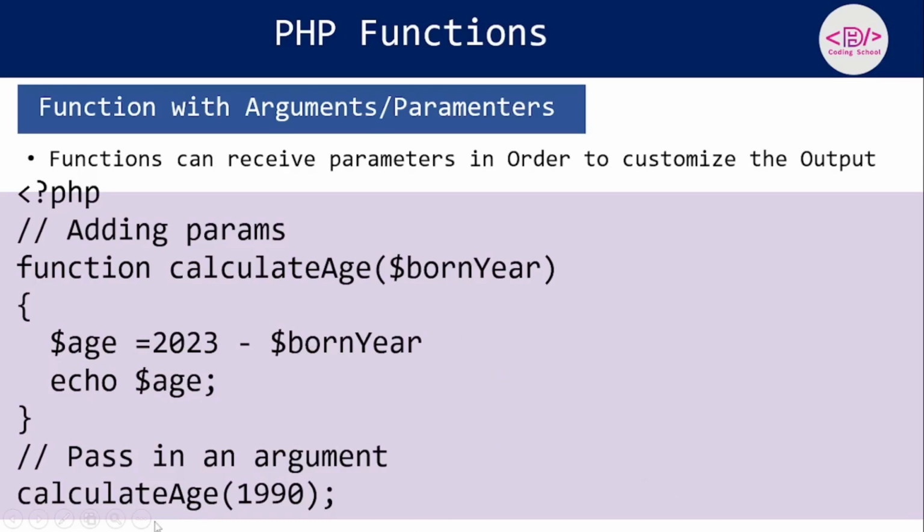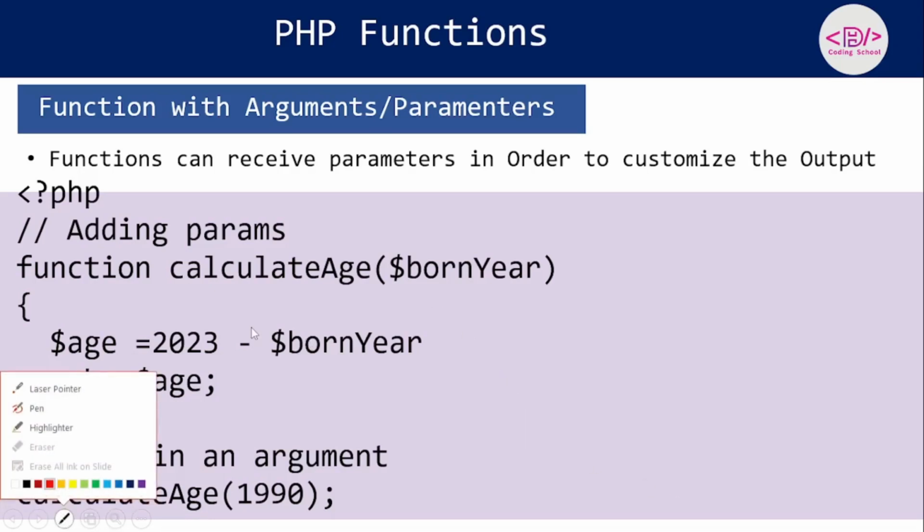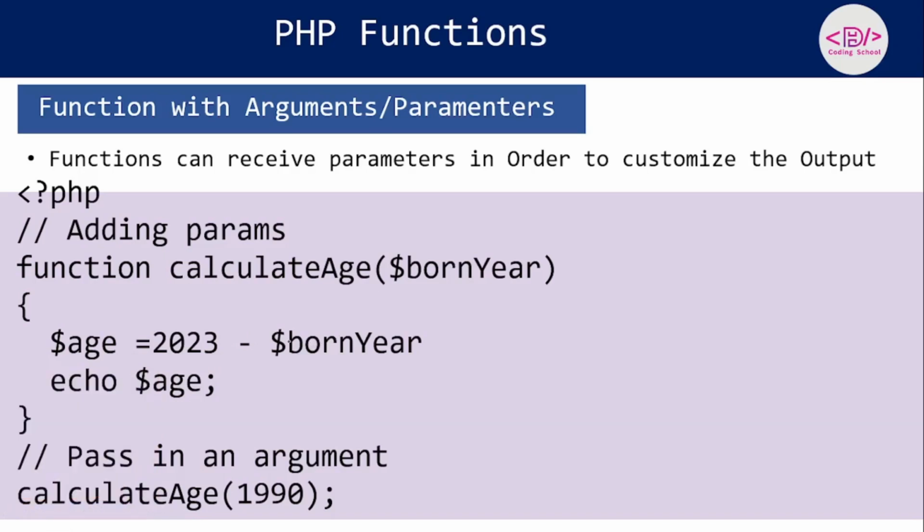You can see we can pass in the born year. So instead of having this year subtracting 1993 here, we can make this one a parameter, so that a user can input this, and then it will be able to calculate for him or her the age.